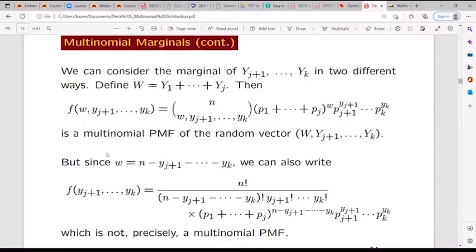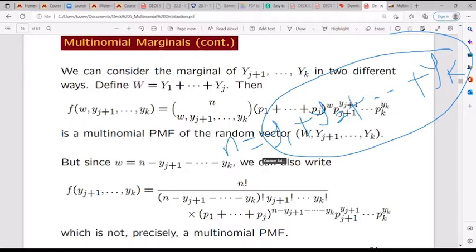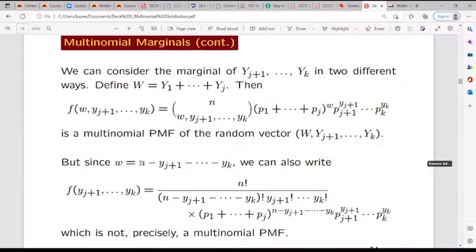Now w here is basically going to be n minus this. Don't forget, what is my n? N is basically the addition of all of that, y1 plus y2 until we get to yk. And y1 plus y2 until you get to yk is being partitioned into y1 plus y2 until you get to yj.